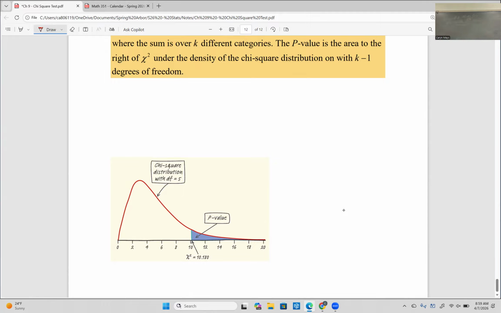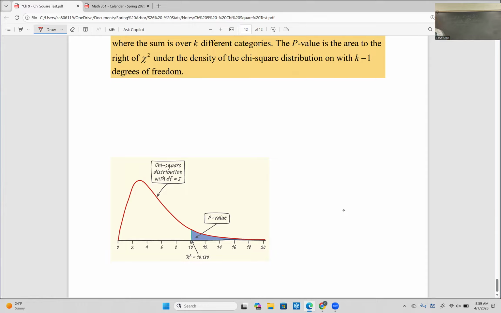If the chi-squared was bigger than 10.18, our p-value would be even smaller. For our range method, this was about as small as the p-value could have been for us to fail to reject.